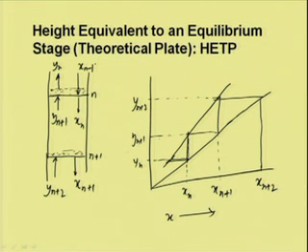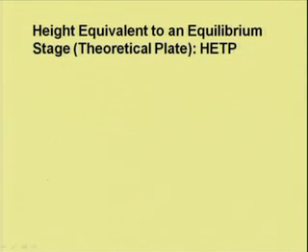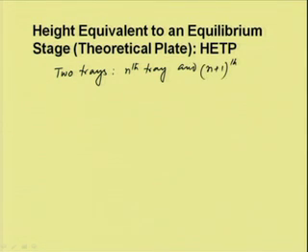So, x and y. This is the equilibrium line, and this is the operating line. So, here we have used two trays, nth tray and n plus 1th tray.